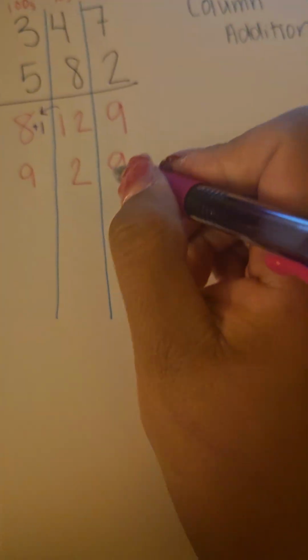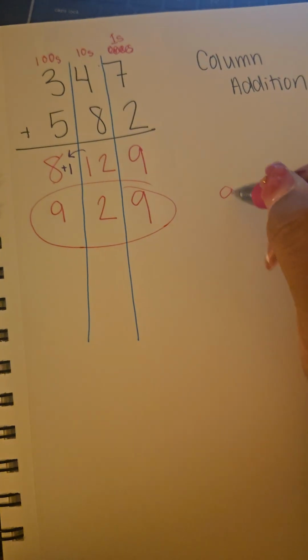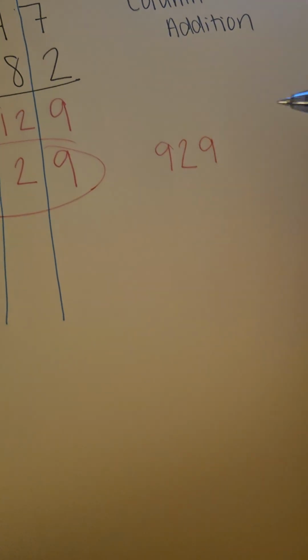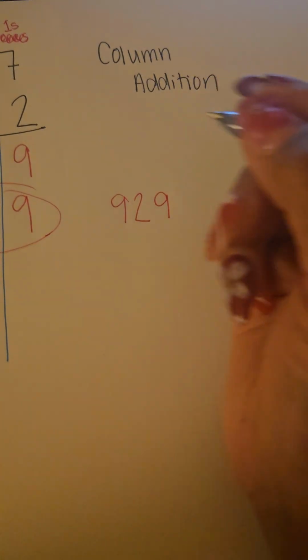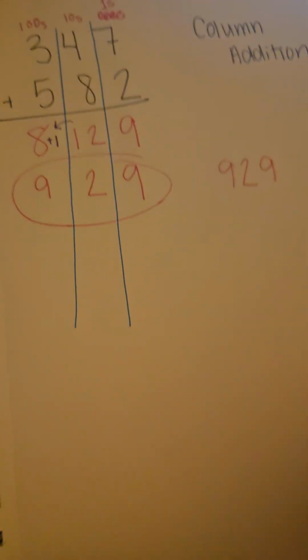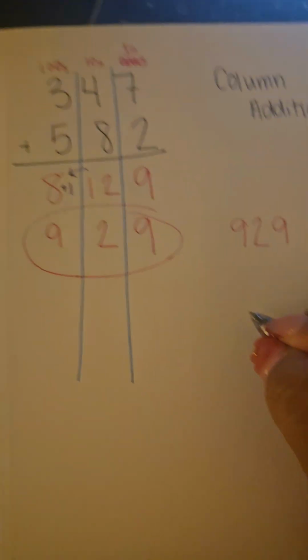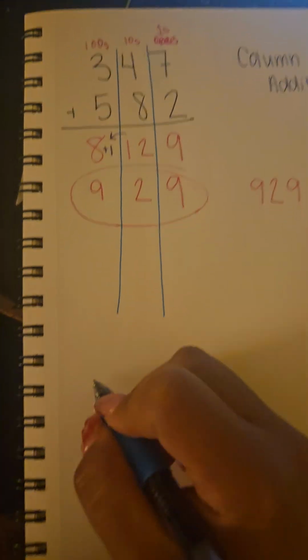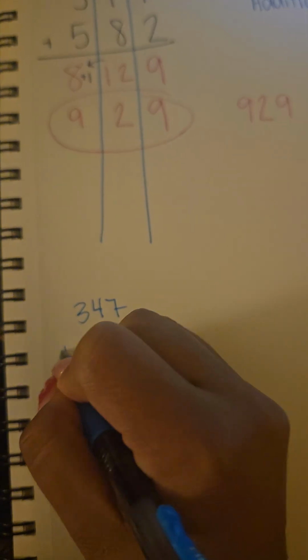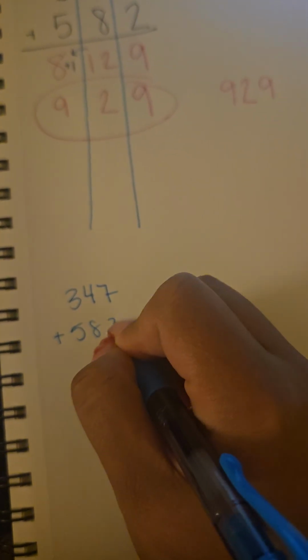So our final answer is 929. Now, I also want to show it the other way, the way that most of us were taught, just so we could compare it. So we have, here, let me put it down here, 347 plus 582.